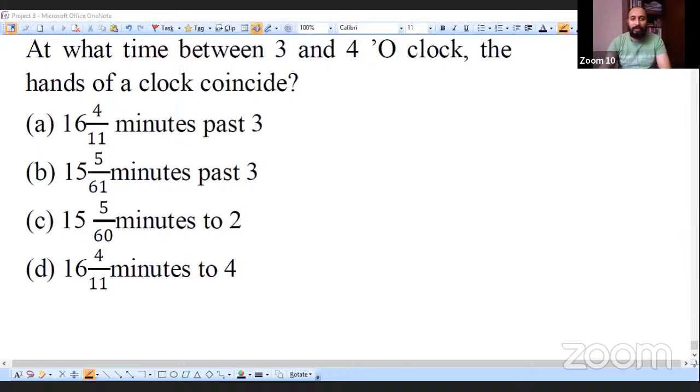Again, they are asking this very similar type of question. Next question is also very similar.